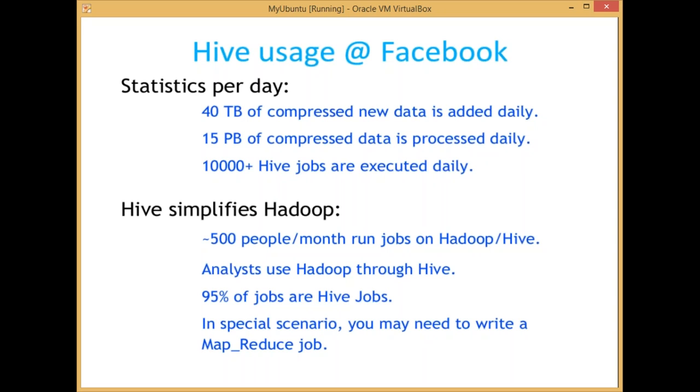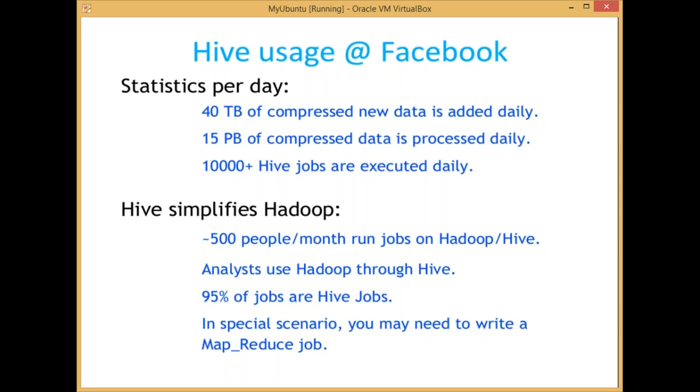95% of jobs are Hive jobs. In most scenarios you can achieve the required output by writing a SQL query, but in some special scenarios you may need to write a MapReduce job. You may have to write the MapReduce program by yourself.